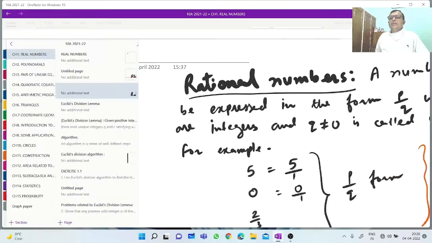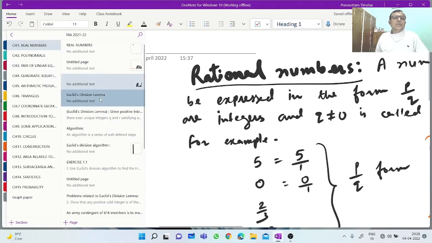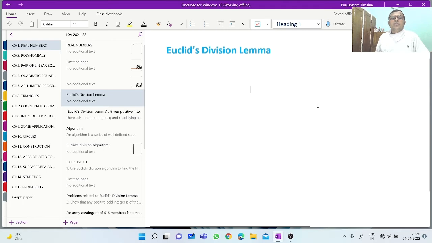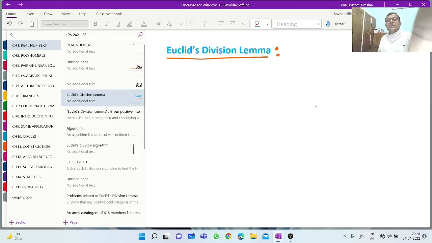Then let us go to division lemma. What do you mean by Euclid's division lemma? Let us understand it. Let us straightway go to a division problem. Let us say 11 divided by 3.